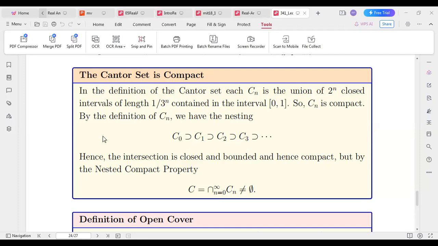So Cn is compact. By the definition of Cn, we have nesting: C0 is a superset of C1, C1 is a superset of C2, and so on. Hence the intersection is closed and bounded, and hence compact. By the nested compact property, C equals the intersection of all Cn, which is non-empty. So we can say that the Cantor set is compact.